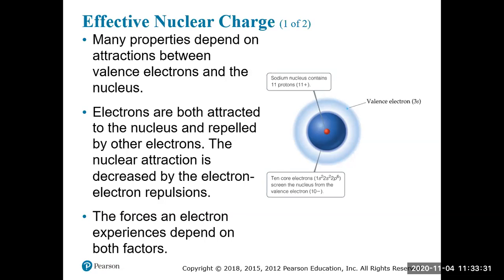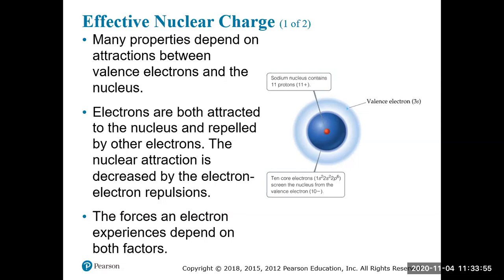The other thing that happens, though, is the electrons are both negatively charged, whether it be the core or the valence electrons. And so you have some repulsion going on there. The electrons are attracted to the nucleus because of the positive protons there, but then they're also being repelled by the other electrons.